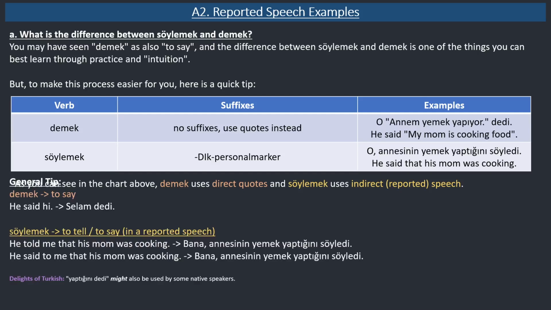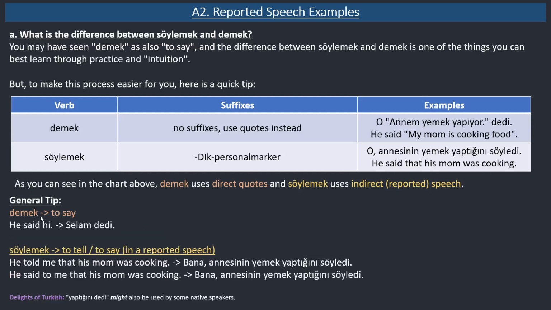And here is my reminder, my general tip. Demek is basically like to say. He said hi. Selam dedi. Or we can change the example like he said no, hayır dedi. He said okay, tamam dedi.